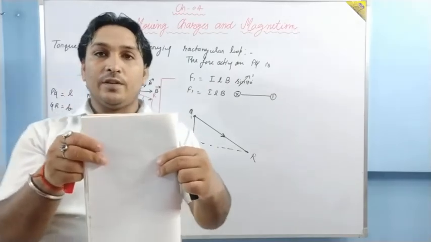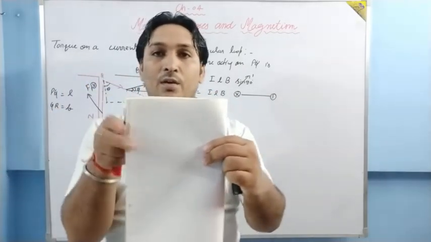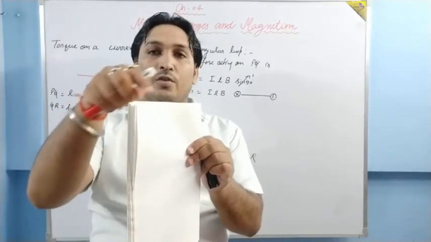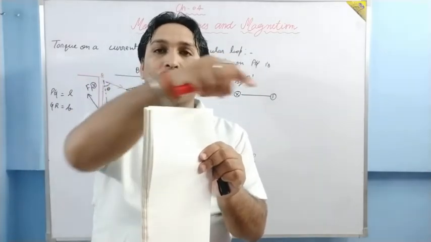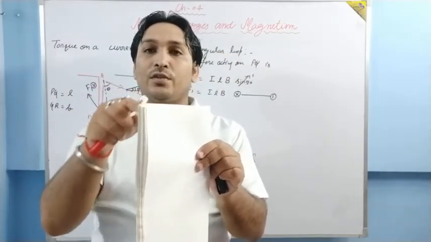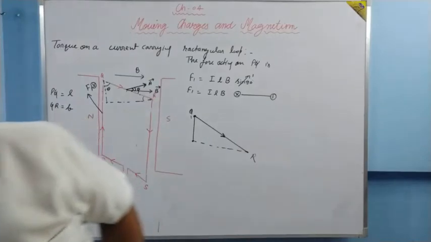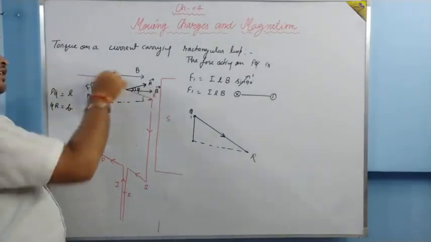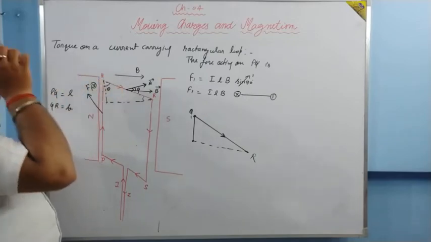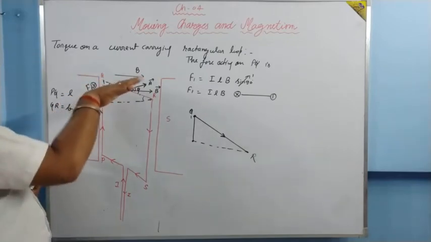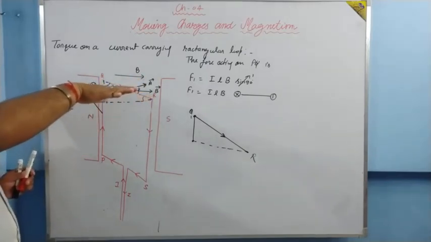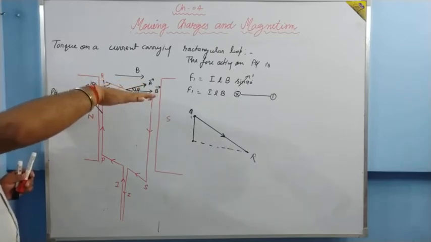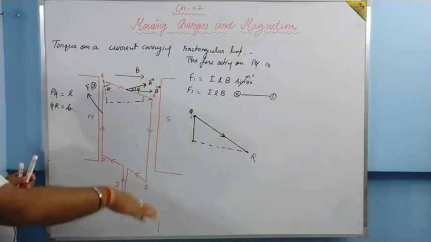Suppose if it is straight, but if it is tilted, then one component is parallel along the magnetic field, one component is towards me. Basically, here also one component will be inward. It cannot be seen, but it is inward. If you put your fingers towards that component, rest of the fingers towards the magnetic field, the palm faces downward.